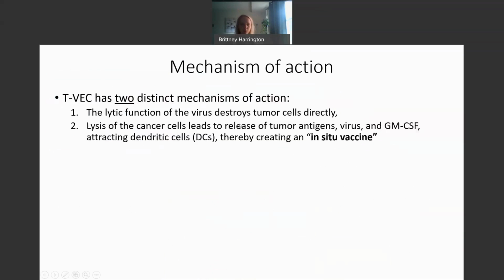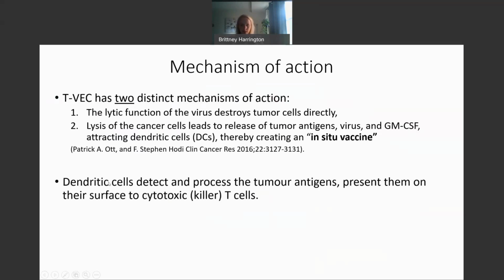But most importantly, when the lysis occurs, GM-CSF is released from these dying cells to recruit mainly dendritic cells and other antigen-presenting cells. They come to the site of the GM-CSF and the dead cells, and they pick up tumor antigens. So this creates what is defined as an in situ vaccine.